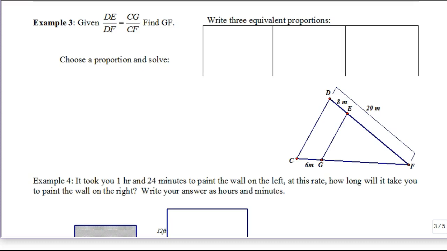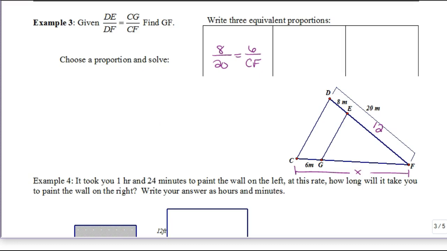And even though the length that we are looking for is GF, I am going to set this up like we did for our bell ringer and just focus on our given proportion. 8 over 20 equals 6 over CF.